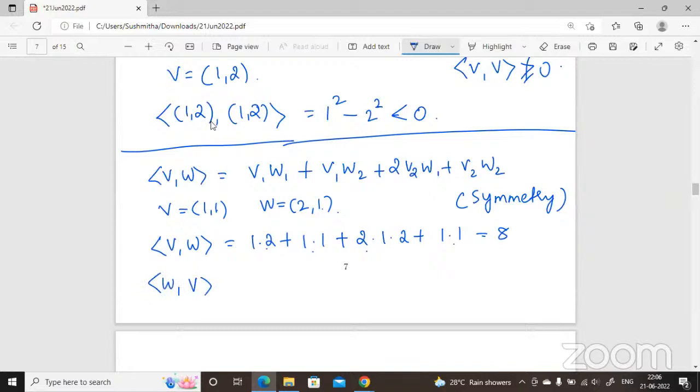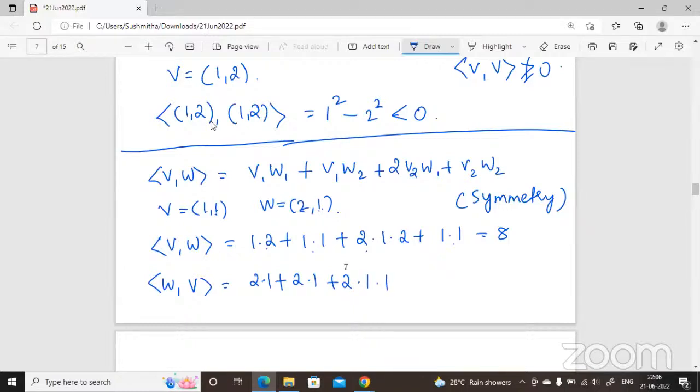What is w comma v? 2 into 1 plus the first term here, 1 into 1, plus 2 times v2 w1.